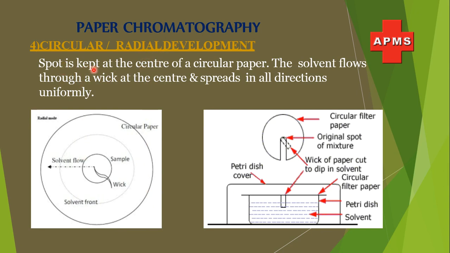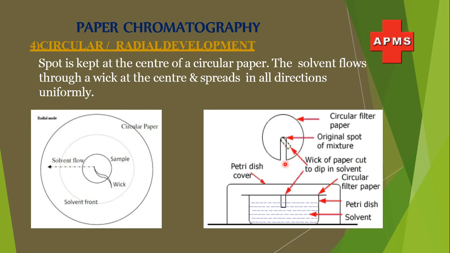Here the spot of sample is kept at the center of the circular paper. This is shown as a circular filter paper. The spot of our sample will be placed at the center point of this paper. The solvent flows through a wick at the center and spreads in all directions uniformly and radially. Here it is the wick.